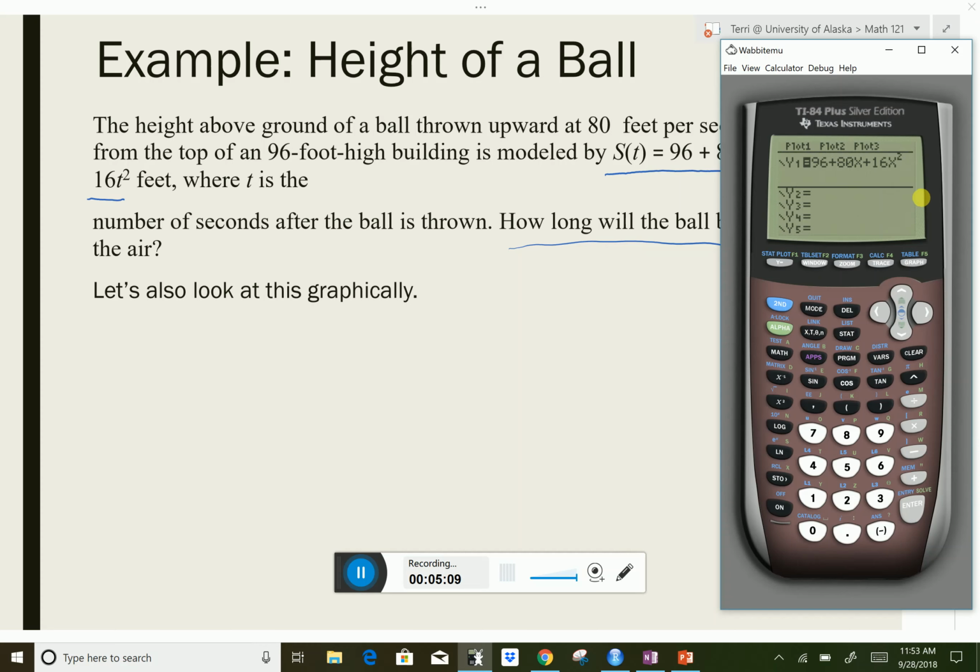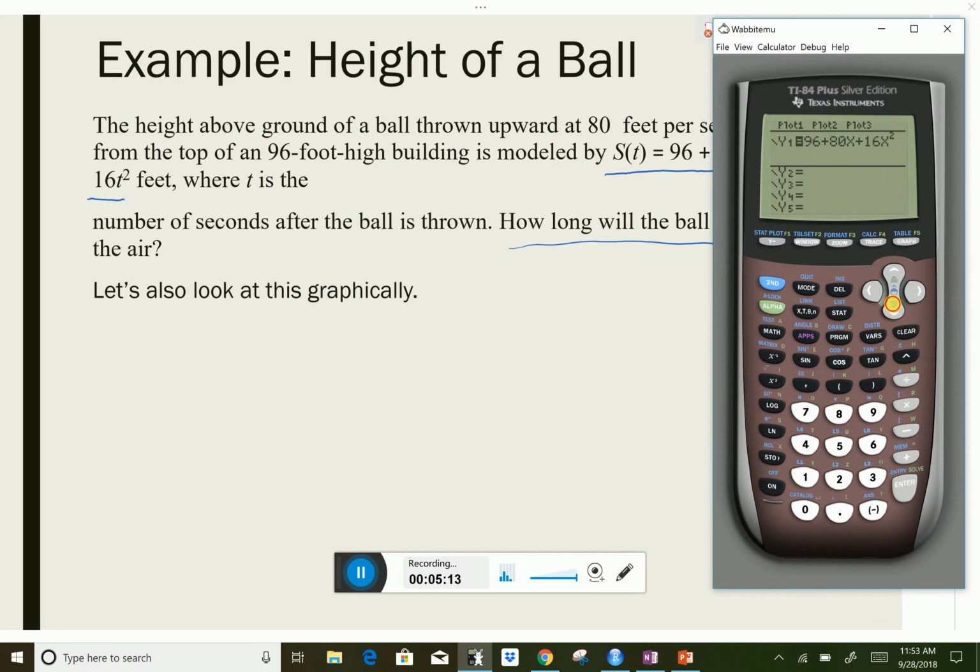All right, so is that plus or minus? Oh, it's minus. I was thinking that's gravity. That should be negative. Okay. So let's see what this looks like. I'm just going to zoom standard right now, but I don't think that's going to work very well.